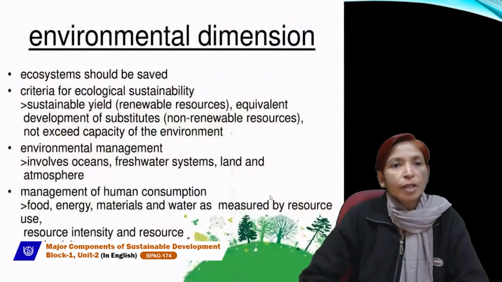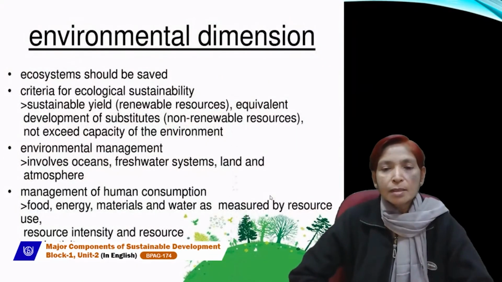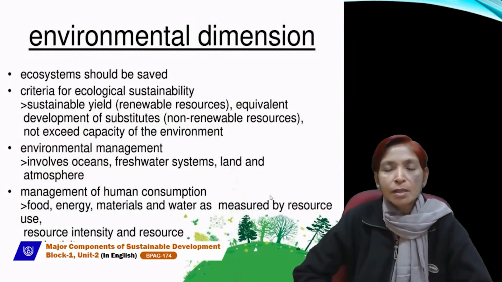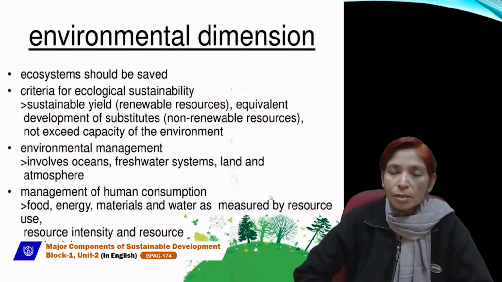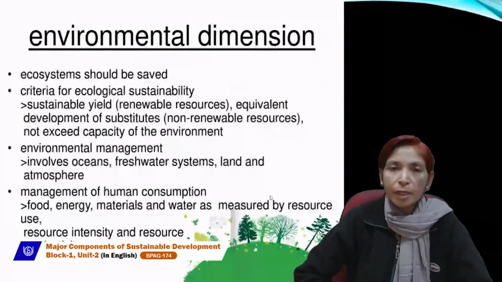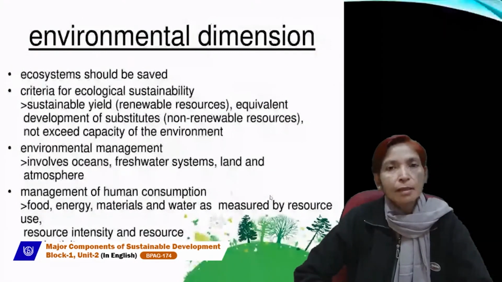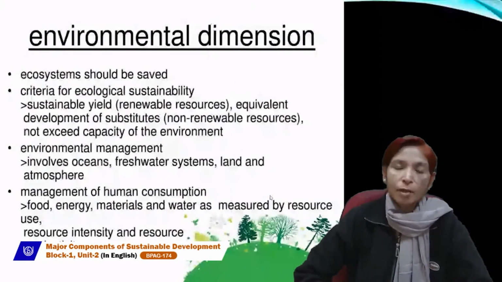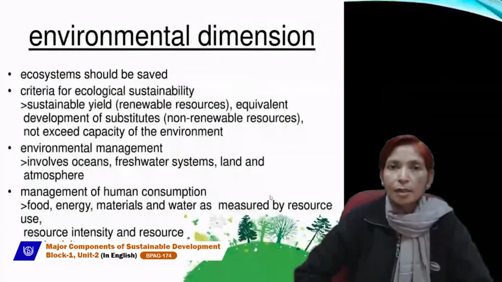Next is the environmental dimension. This is the third dimension of sustainable development. The ecosystem should be saved. Criteria for ecological sustainability: we should use more renewable resources rather than non-renewable resources, because non-renewable resources can't be increased.